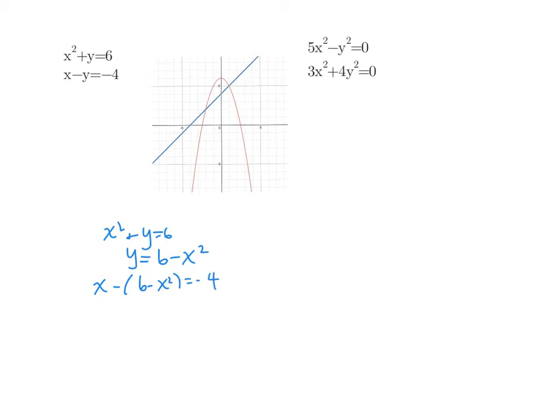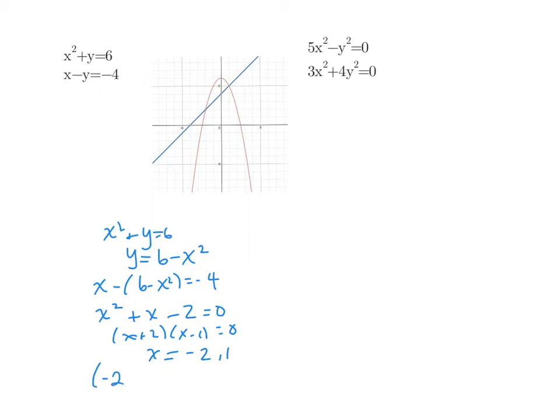And so this would give us x squared plus x minus 6 equals -4, which gives us x squared plus x minus 2 equals 0. Then of course that factors, and we get x equals -2 and +1. So there are two solutions.